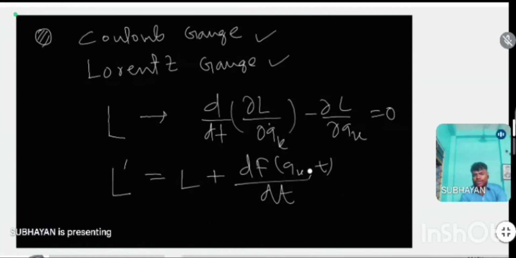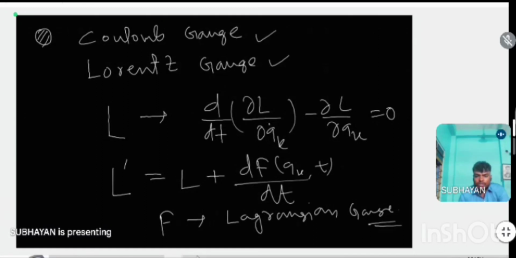So Lagrangian is also not unique for a particular equation. The solution for L is not unique. Okay. So you can take some good choices of Lagrangian by choosing this function f, and this f is called the Lagrangian gauge function or gauge. Okay. So here also we have two popular choices of good solutions for Maxwell equation.